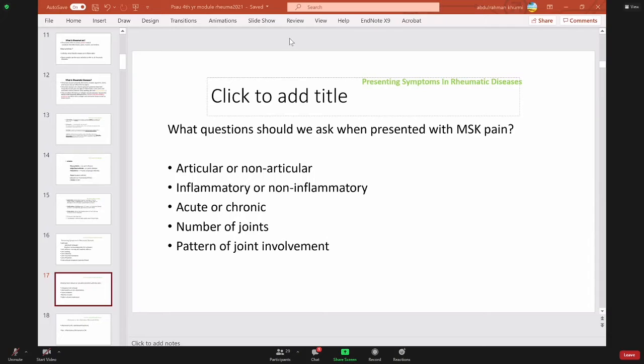Sometimes you have a patient who has systemic rheumatoid, but for one reason or another he has septic arthritis in one joint, so you need to treat the infection. But rheumatoid itself is an autoimmune disease. So inflammatory pain means it comes at rest and improves with activity.